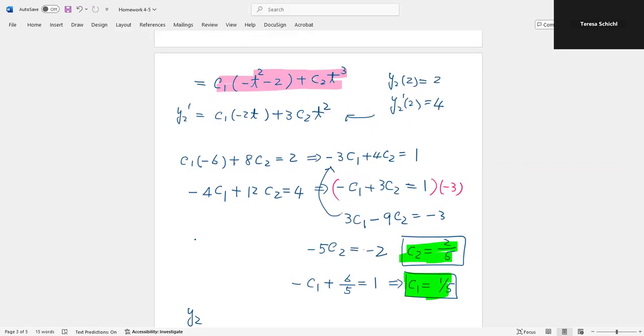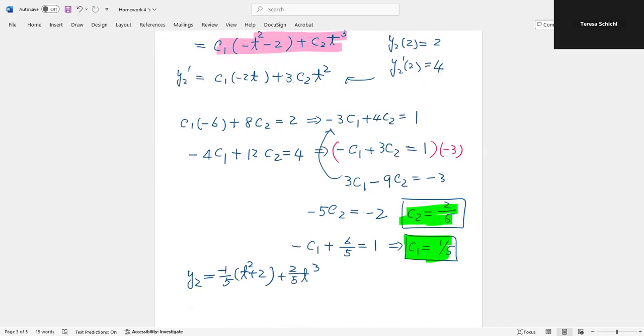So my y2 is C1, so this is 1/5. You can put a negative sign here, t squared plus 2, and C2 is 2/5, so plus 2/5 of the T cube. Wow, finally. Okay, so this is our final answer.